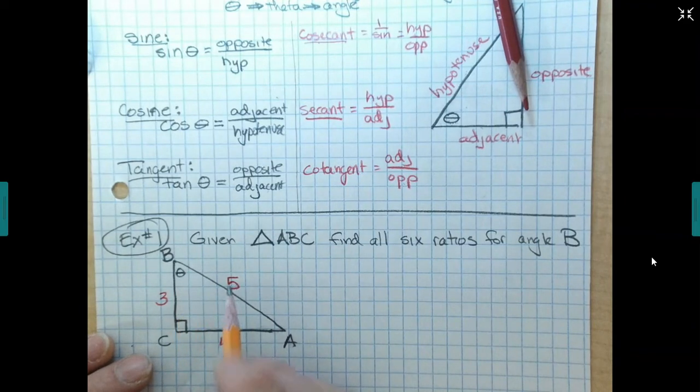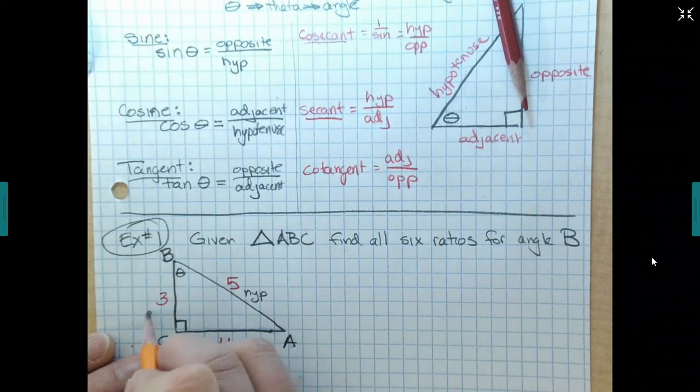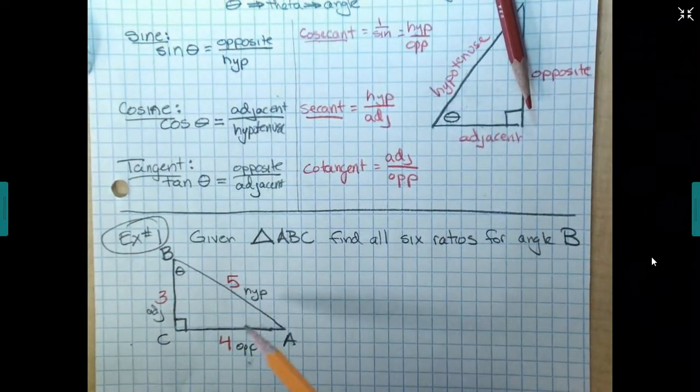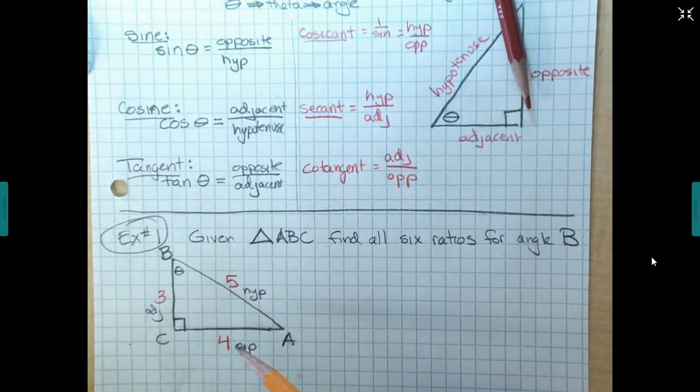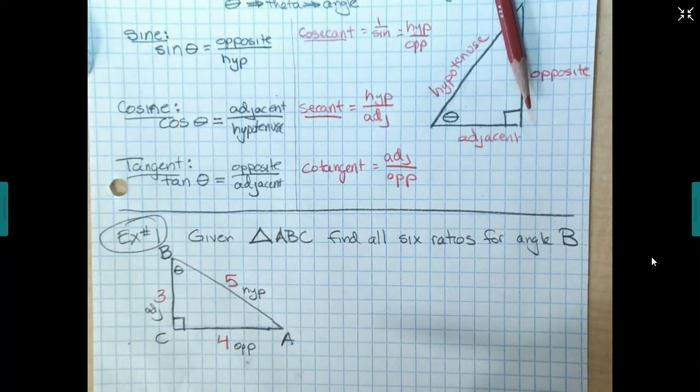From here, this is our hypotenuse. From here, this is our adjacent. And from here, this is our opposite. So in every problem that you do today, please label from theta what's your hypotenuse, what's your opposite, and what's your adjacent.